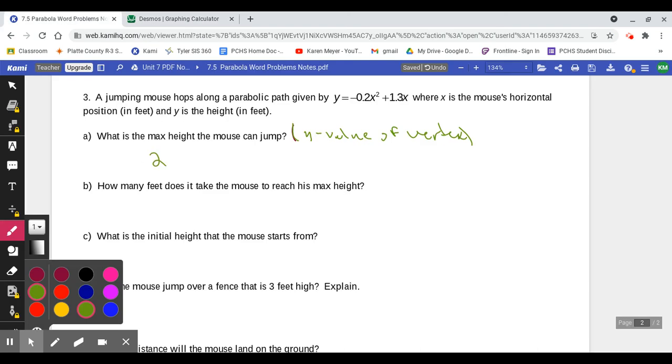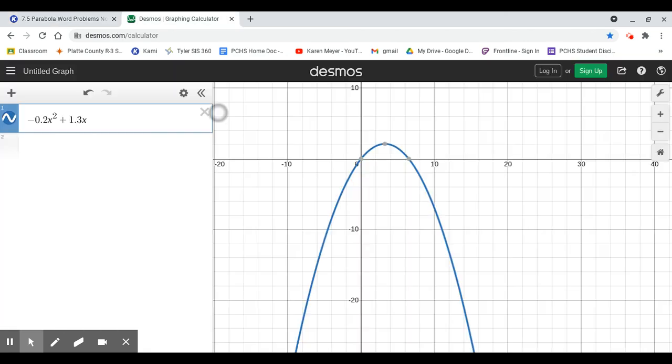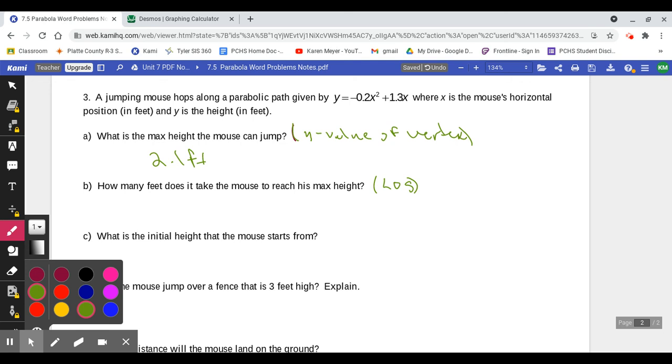So this little jumping mouse can jump 2.1 feet. How many feet does it take the mouse to reach his max height? That's our line of symmetry, the x value, and that is 3.25.